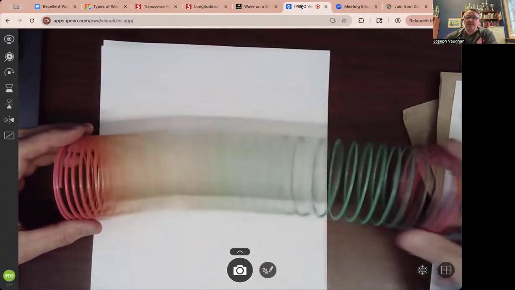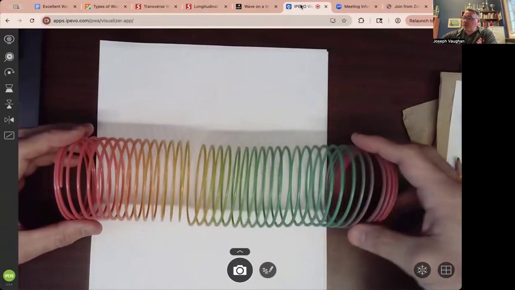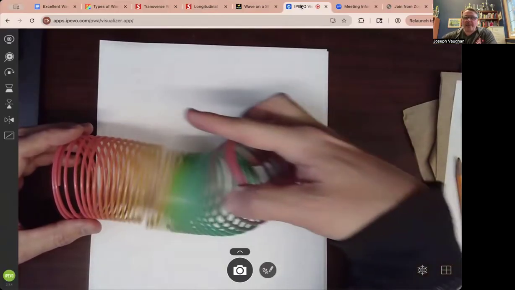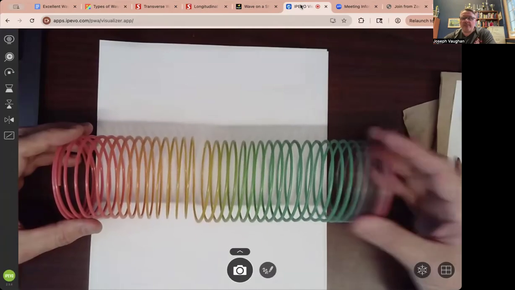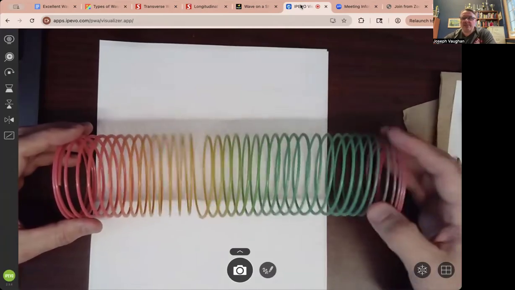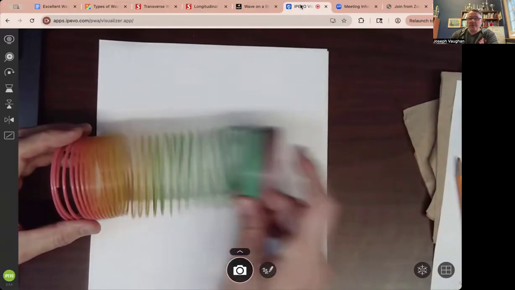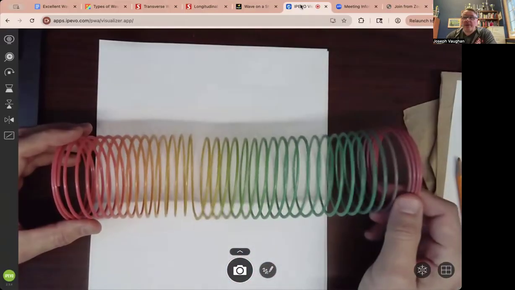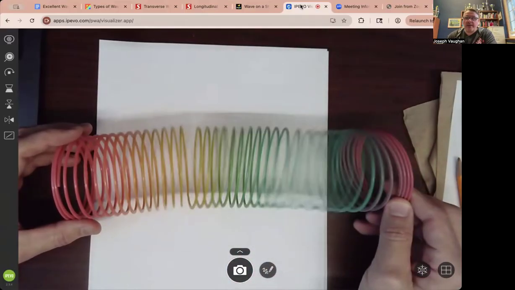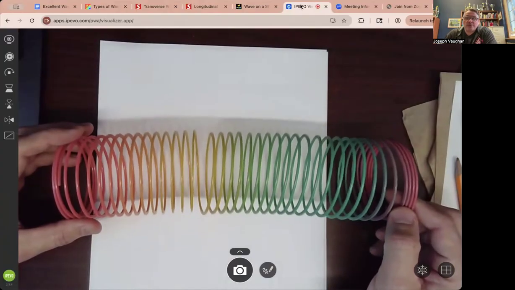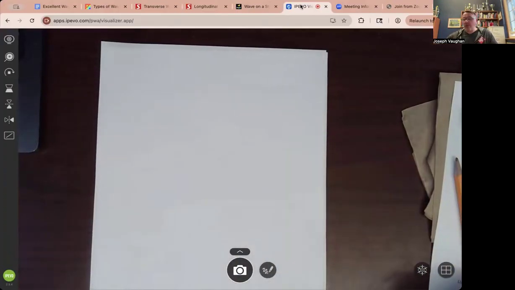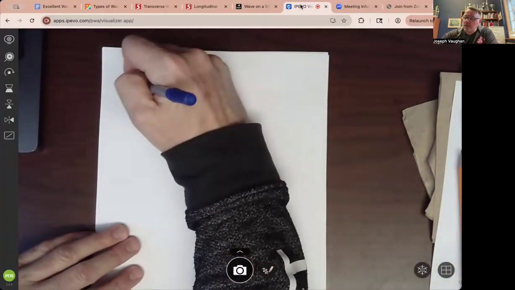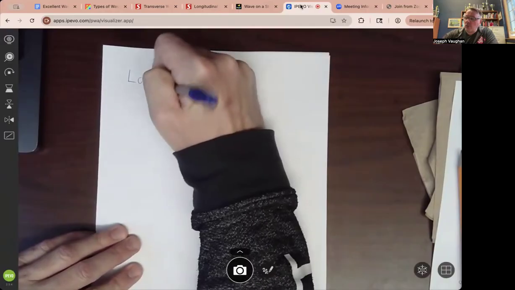But if you do this, what you'll notice here is the energy is traveling this way down the medium, but any particle of the medium vibrates forwards and backwards, and every time it's done, the particle goes back to its original position, meaning its net displacement is zero. These types of waves are what are known as longitudinal waves.